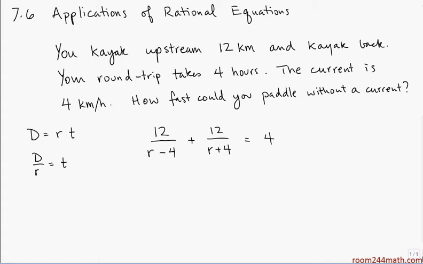So this is clearly a rational equation, and we can multiply both sides by the common denominator, which is the product of those two factors. So r minus 4 and r plus 4.